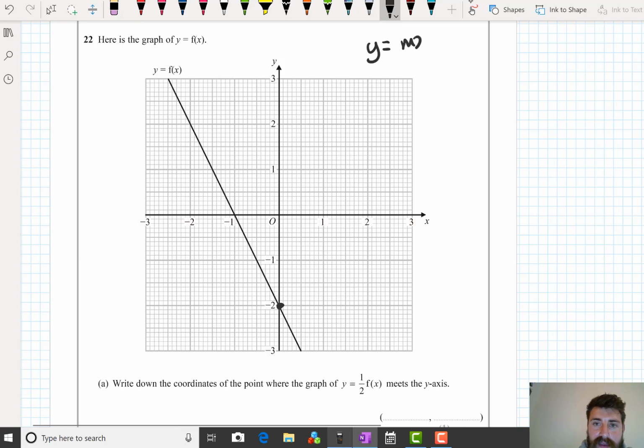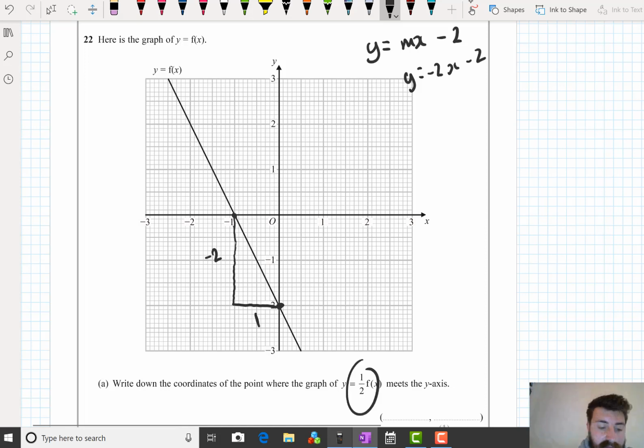To work out the gradient, I've got this here. Gradient, that is going down 2, and that's going across 1. The gradient, changing y, -2, I'm changing x. Graph is y equals -2x subtract 2. You could do it like this if you like. I want to work out what a half f of x is.